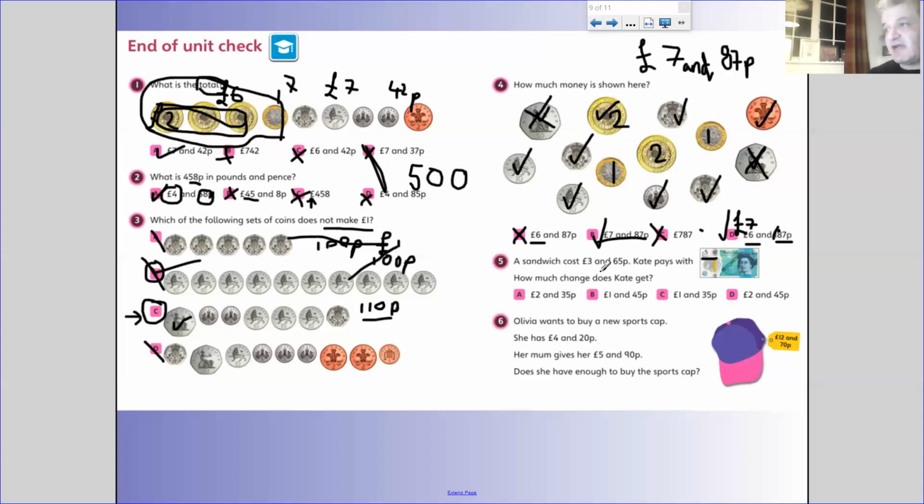It was £3 and 65 pence. £3 and 65 pence is equivalent to how many pence? 365 pence. So what operation am I using here? Just rub it out to give myself a bit more room.